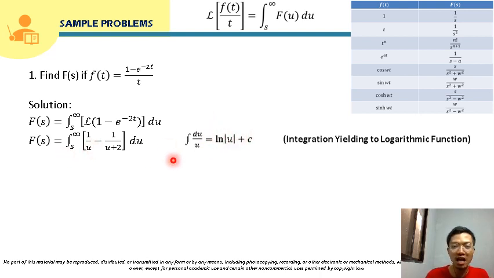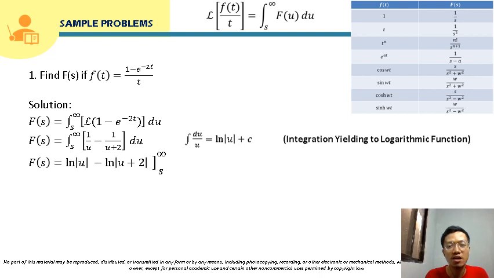For this, we will not include plus c because this is definite. We have limits here, s to infinity. So the integral of 1 over u times du will just be ln u, and the integral of du over u plus 2 will become ln of u plus 2.